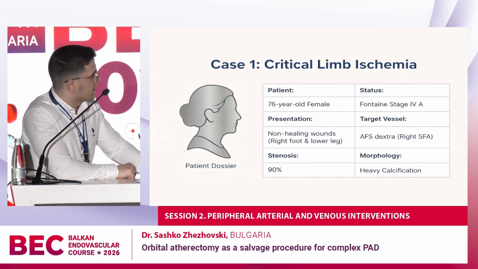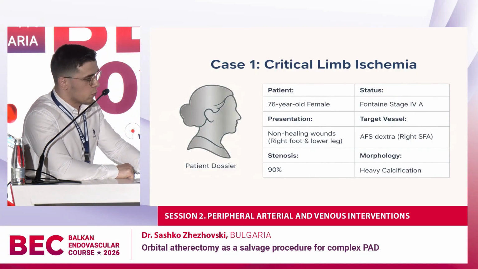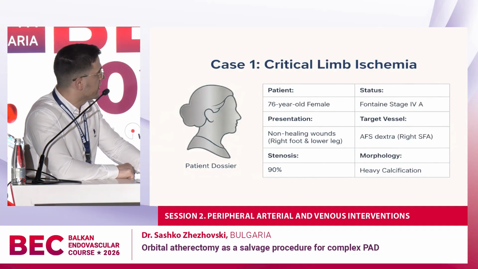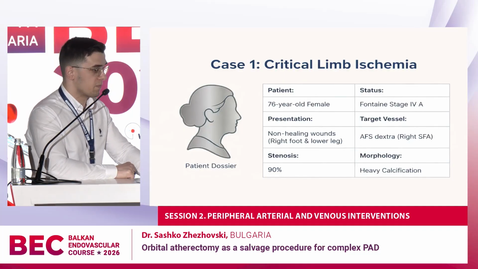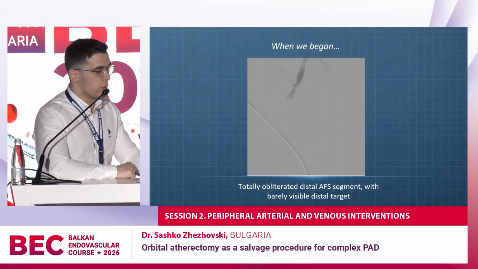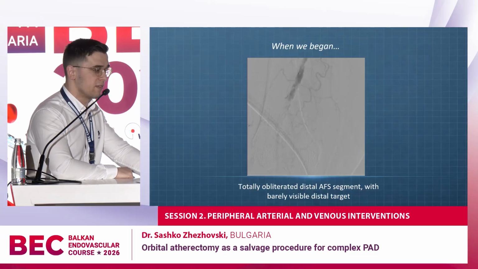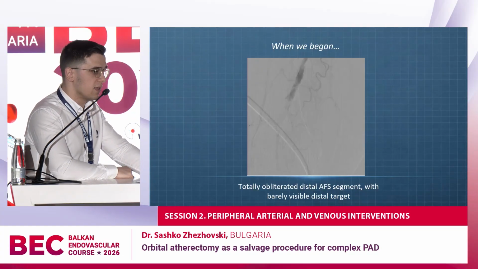So I will present two cases. The first case is a 76-year-old female who presented with non-healing wounds of the right foot and lower leg. There's a small backstory of that patient. At first, that was several months before the orbital atherectomy.